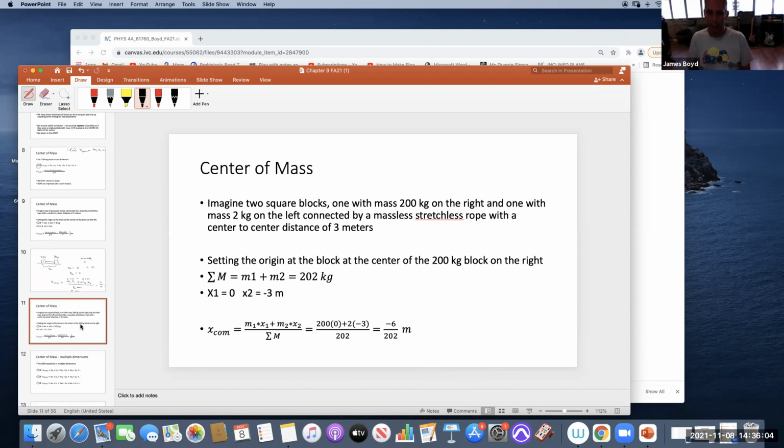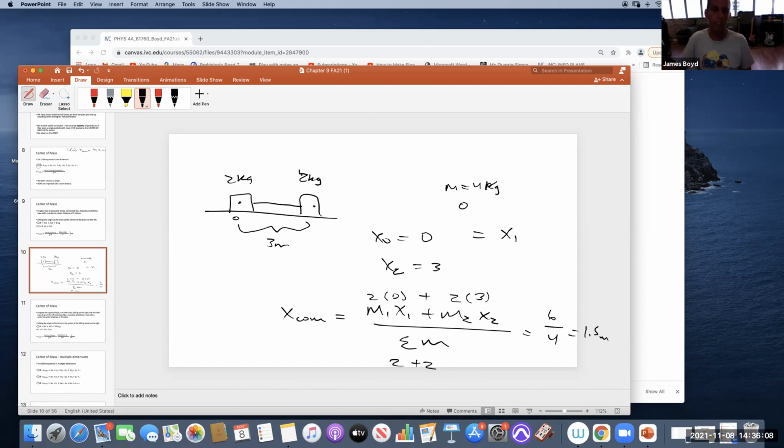what if instead we have the same thing, but this one, instead of being 2 kilograms, is 200 kilograms. So now we have 200 and we have 200. And so we have 600 over 202. And you might be saying, well, that's not much of a difference.